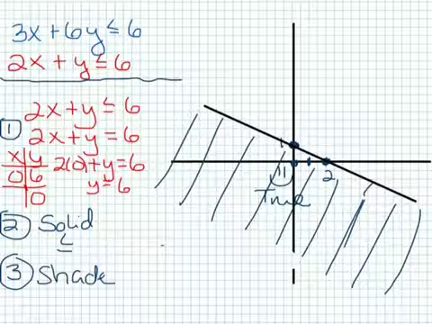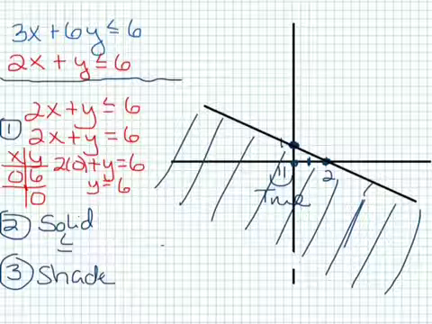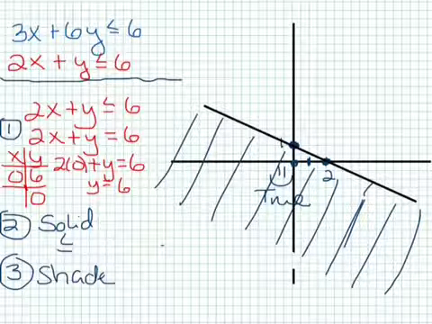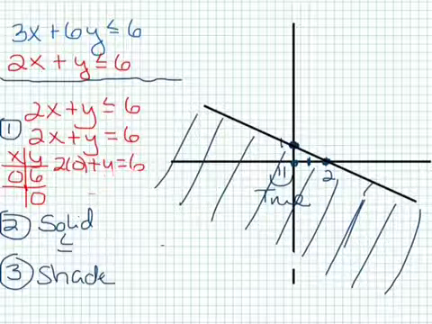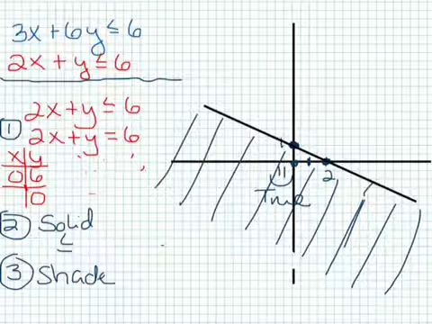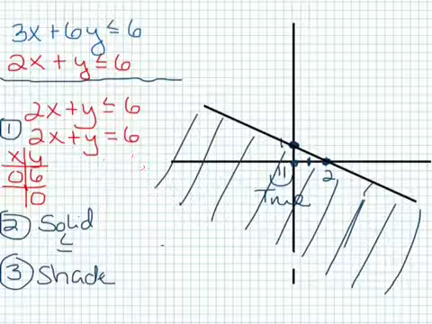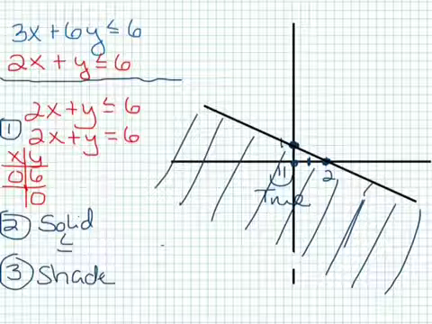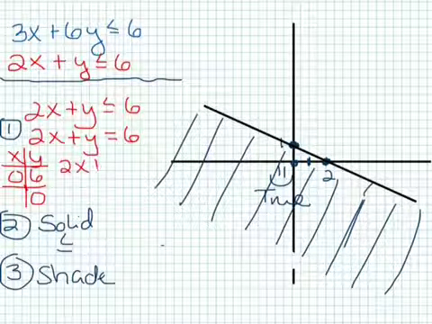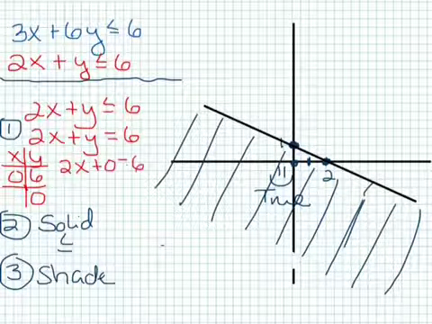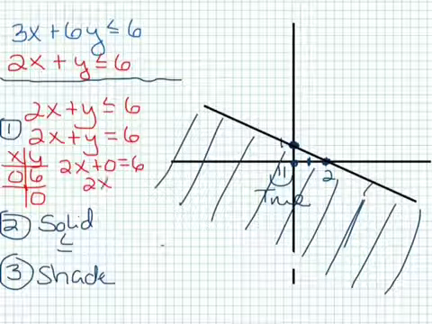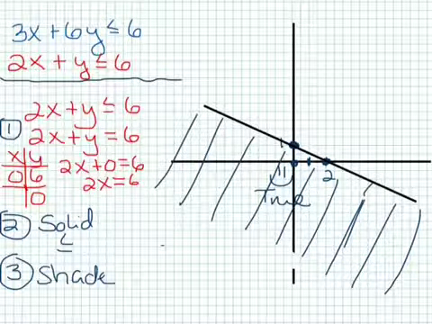Okay, and going back and doing the x-intercept, when y equals 0, we have 2x plus 0 equals 6, means 2x equals 6, so x is 3.